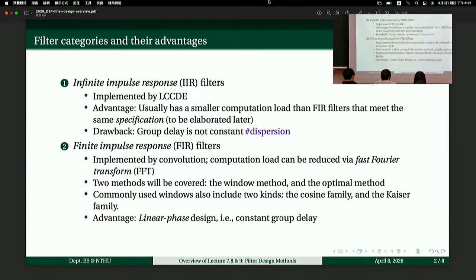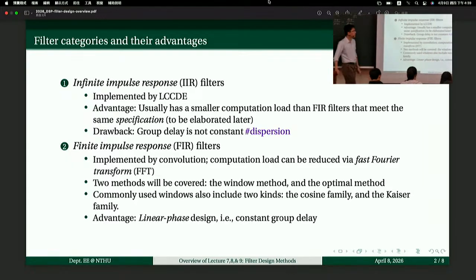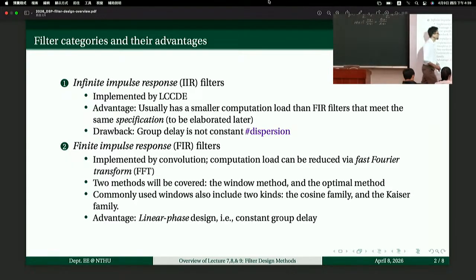But then, there's one drawback of IIR that I want to mention, which is about group delay. Group delay is not constant, which causes what we call dispersion, 色散 in Chinese. IIR inevitably has dispersion.